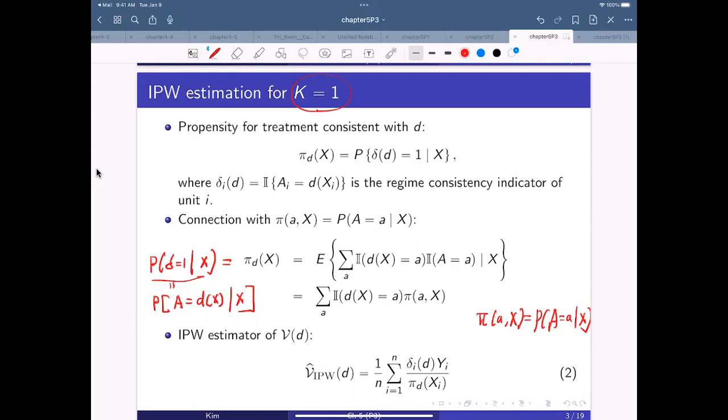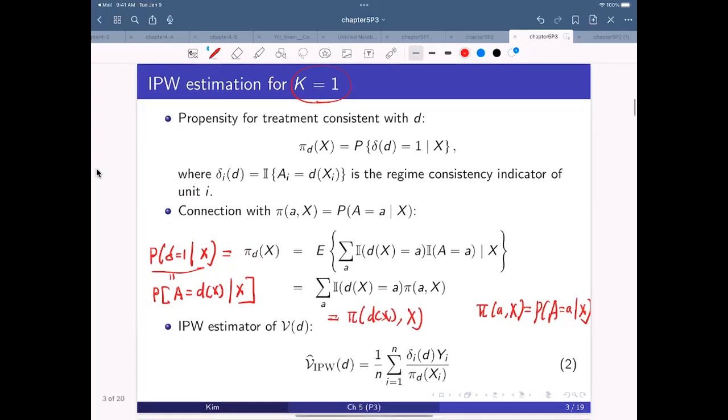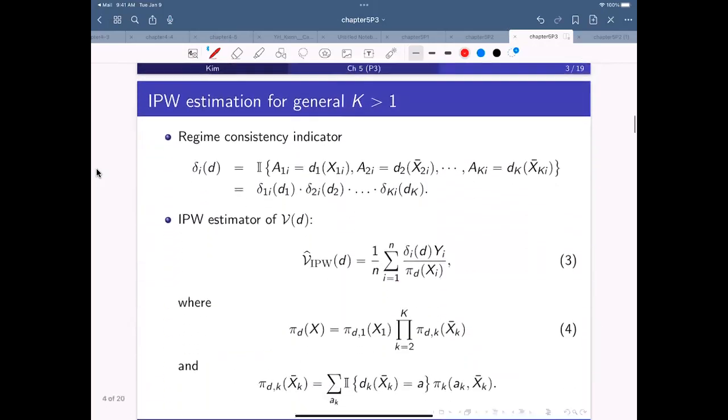We already have the form as this one. So for this one, all we have to do is replace a by D(X). So that is basically this guy. That is for k equal to 1.